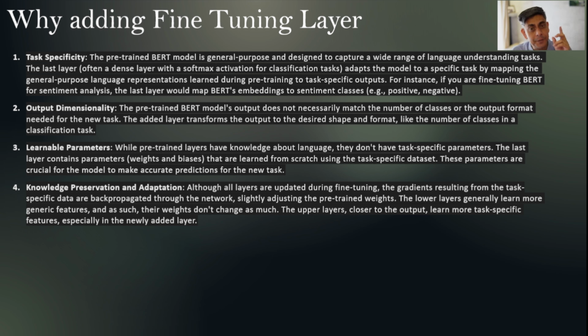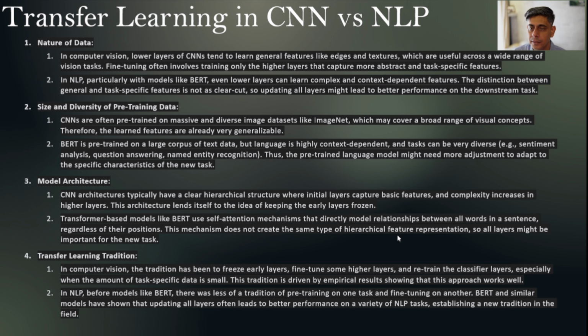In GPT it was a linear layer, or a classification layer, that we added. But in CNN transfer learning, if you have already studied CNN, you will see the idea that you have the pre-trained model, you freeze those weights, add one extra layer and then only train that layer. In NLP you will see that during training you are not freezing those pre-trained layers; you are training the whole weights, all the layers.